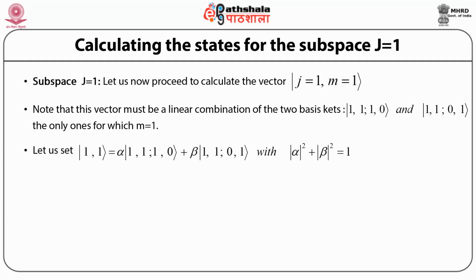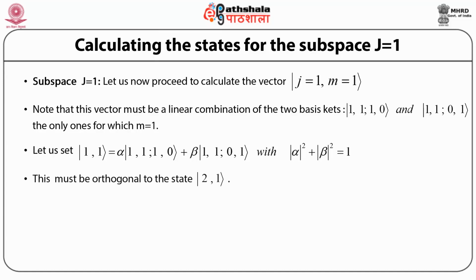Let us set ket(1,1) equals alpha times ket(1,1,1,0) plus beta times ket(1,1,0,1) with modulus alpha square plus modulus beta square equals 1.